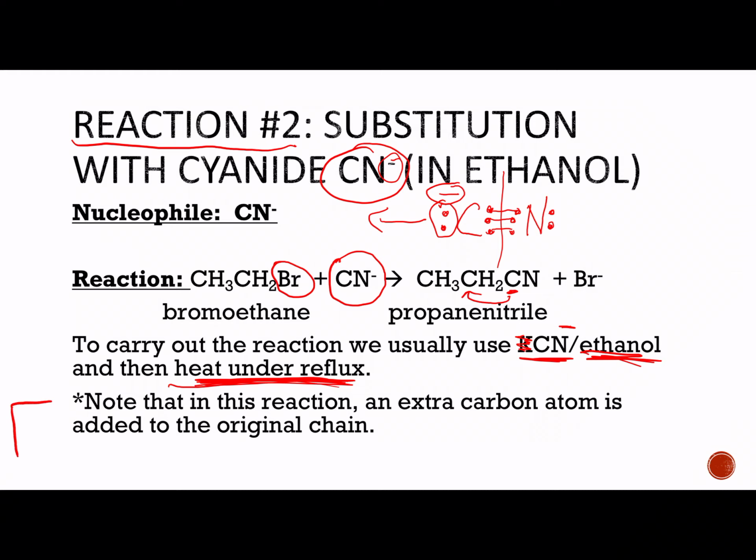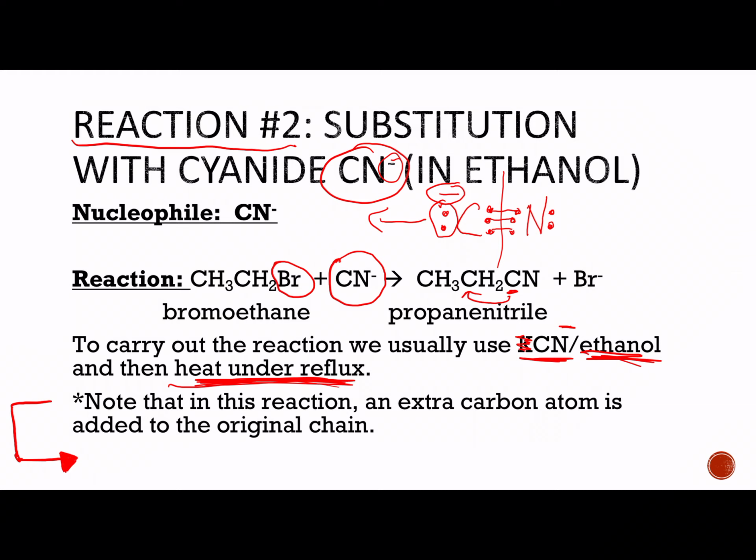This is a great reaction for organic chemists, because one of the things that organic chemists need to do is start from simple starting materials, and they have to actually build to molecules such as drugs. So if you want to be a pharmacist, you would start with simple materials and then you build up to larger molecules.